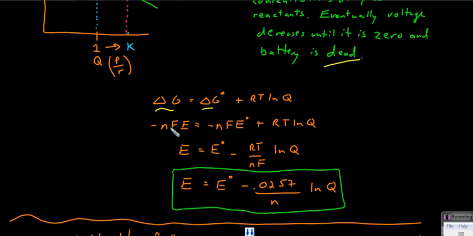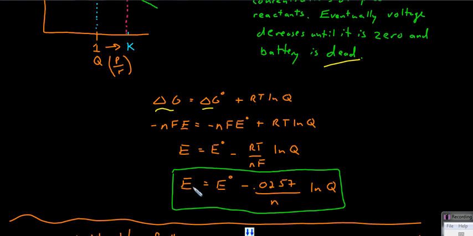And then we can take this new equation and divide both sides by negative NF so that we get E is equal to E standard minus RT over NF times the natural log of Q. And we know that R and T and Faraday's constant are all constant. Replace those with 0.0257 so that we get this final equation.